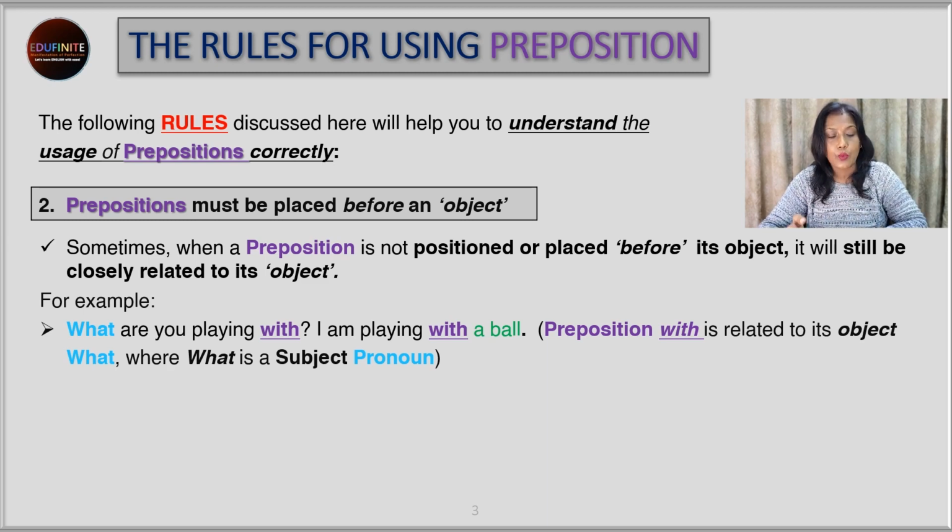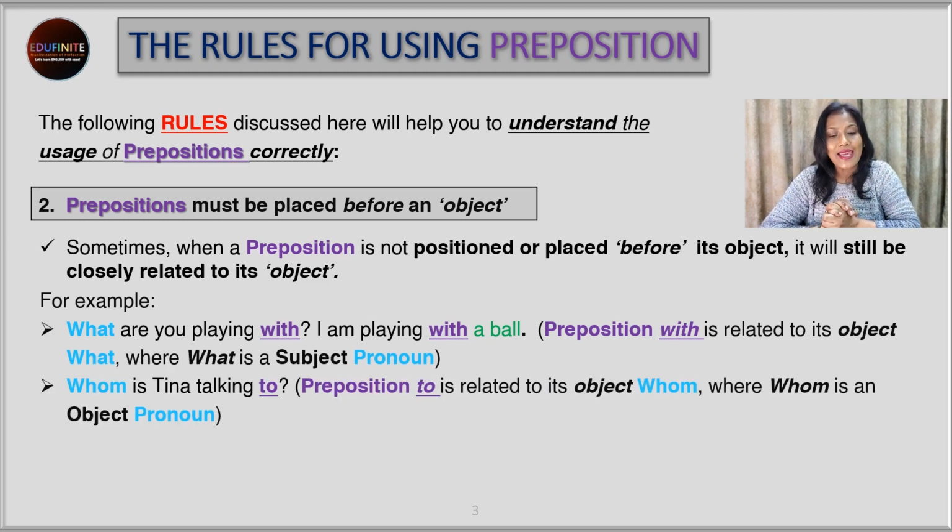Well, in the next one, whom is Tina talking to? Again, in this question, to is the preposition because it is related to the object whom, where whom is the object pronoun. Because if we have the answer to it, suppose I see Tina is talking to someone and I can't go across and ask Tina, like, who are you talking to?